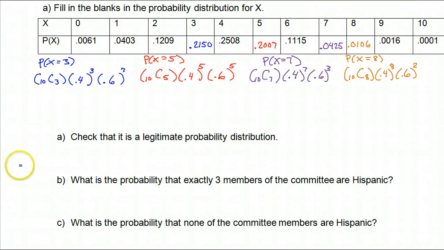Okay, so I think I will just write down P0 plus P1 plus dot dot dot. I should be writing x equals inside of all these.